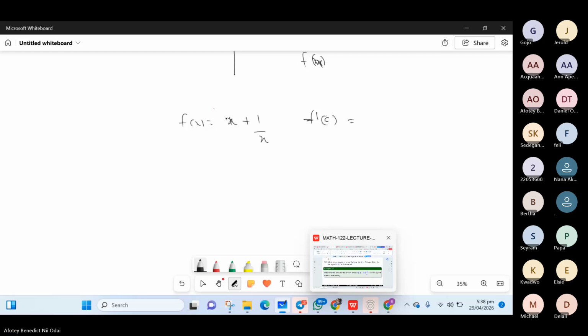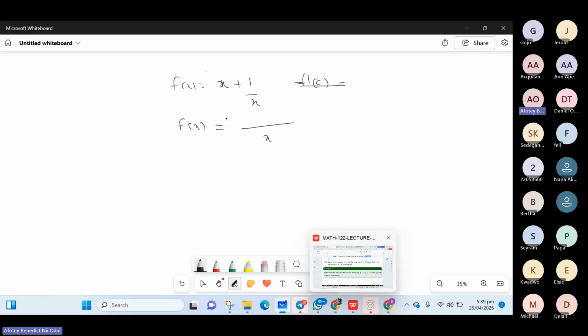Let me rewrite this so that it looks simpler. This one will make it more complicated, let me go back to what I was doing before.